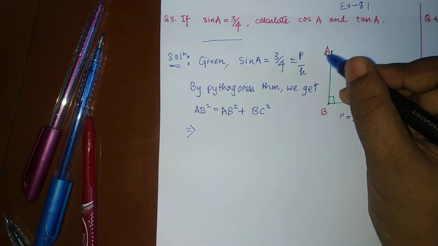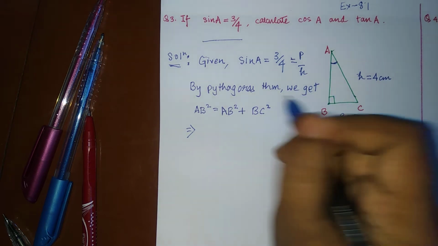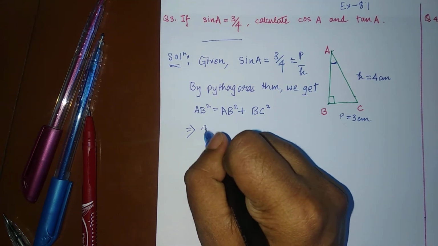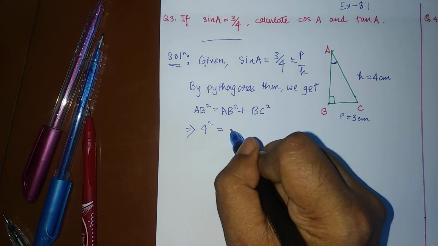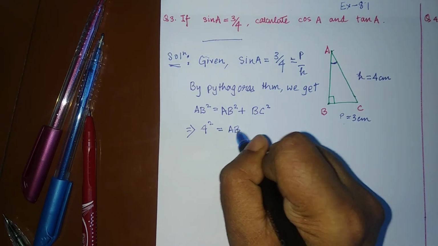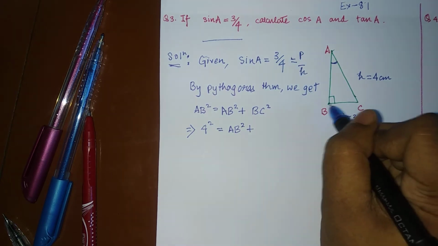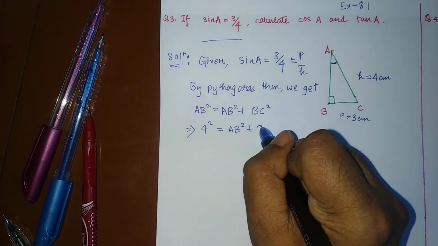So what is the value of the hypotenuse here? It's 4 cm. So 4 square equals to, what is the value of AB? We need to find it. We don't know it yet. So we leave it as it is. The value of BC, it's 3 cm. 3 square.